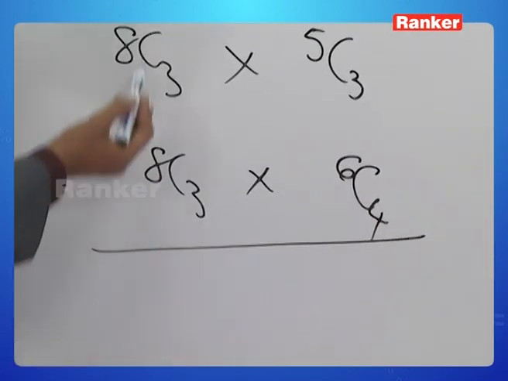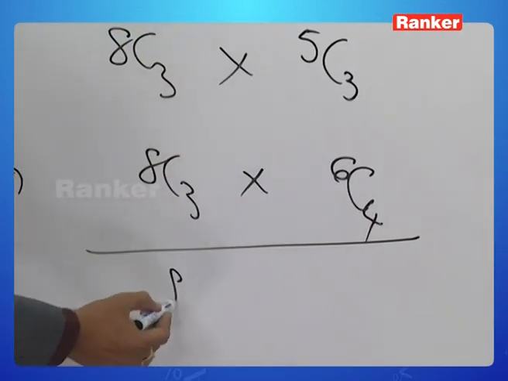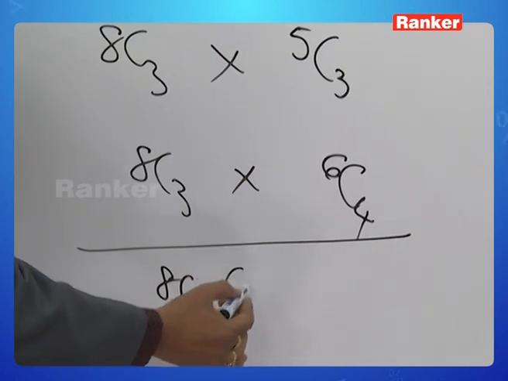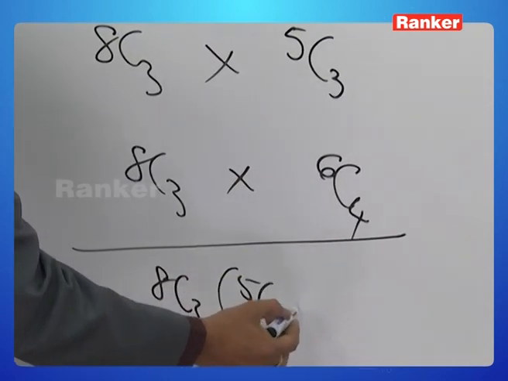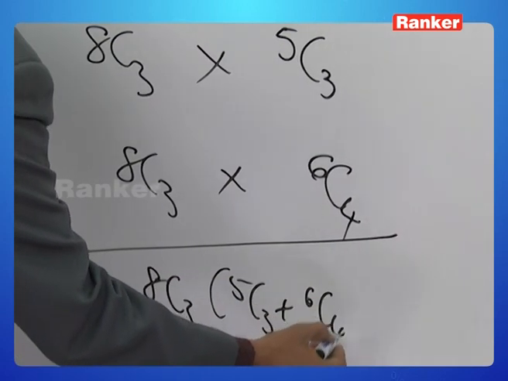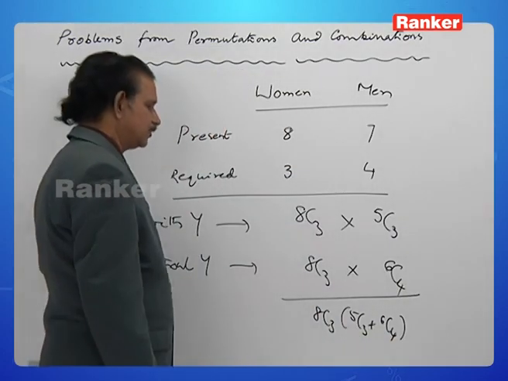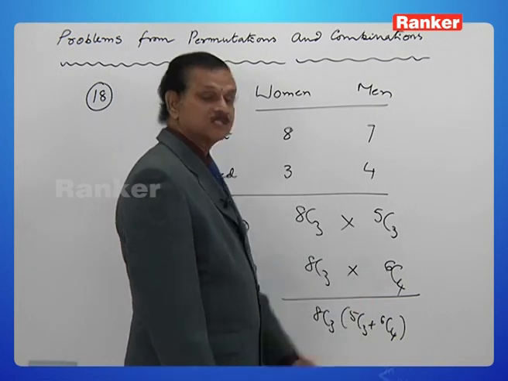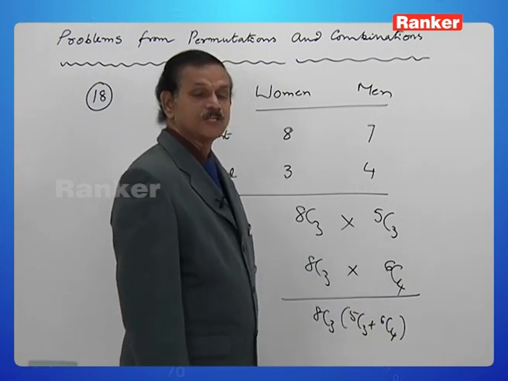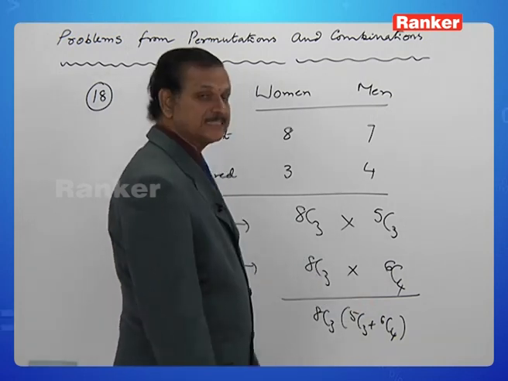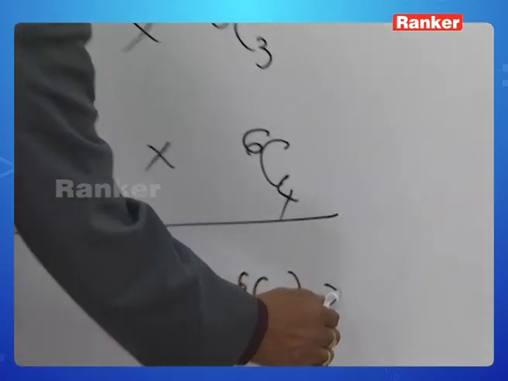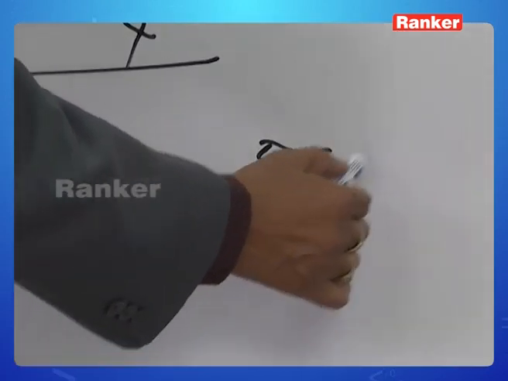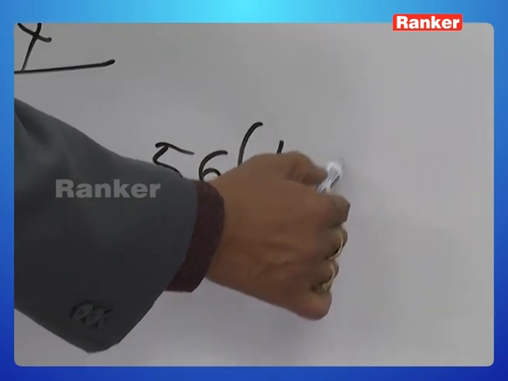This is nothing but this plus this, that is 8C3 into 5C3 plus 6C4. What is 5C3? 10. What is 6C4? Nothing but 6C2, that is 15. What is 8C3? 56. So this is 56 into 10 plus 15.